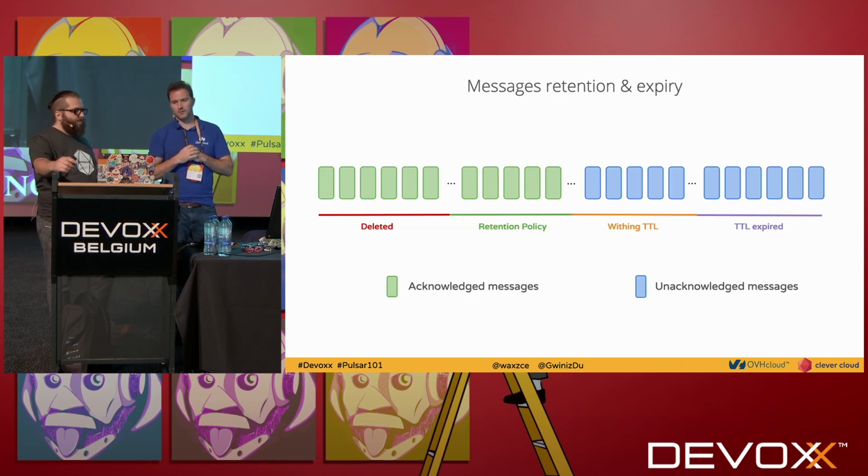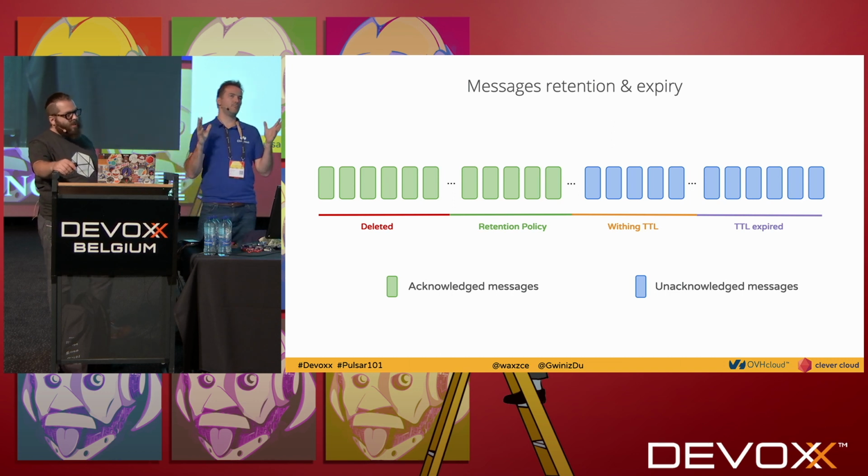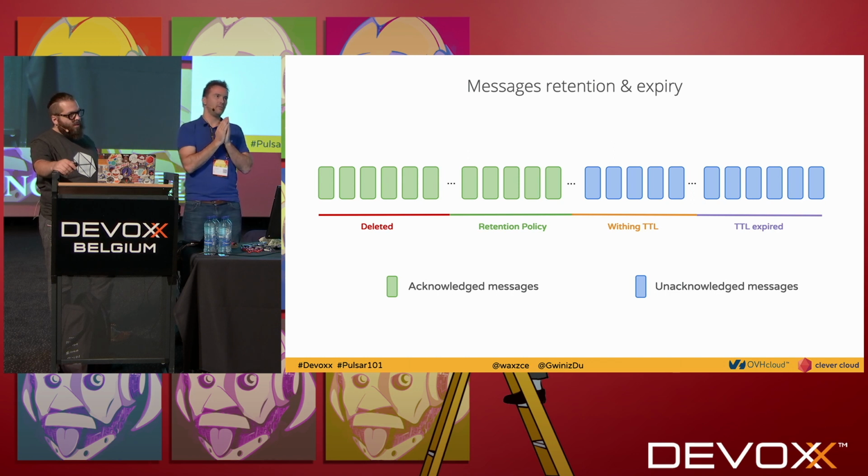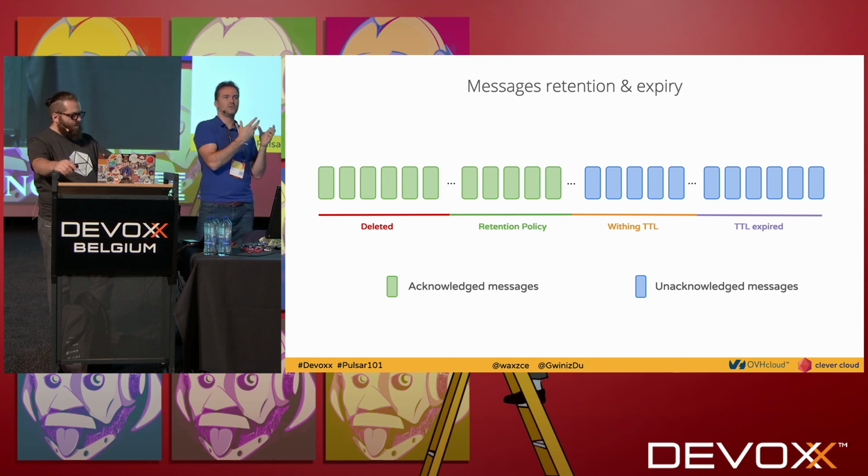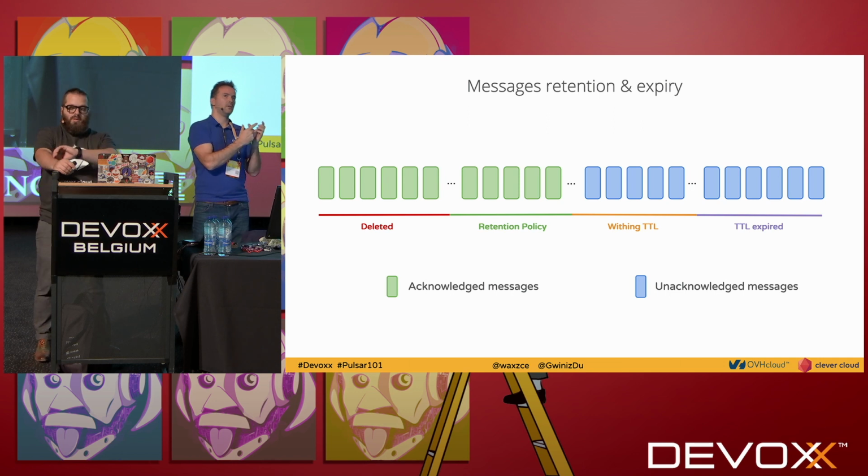So, message retention and policy. There are a lot of ways to manage your retention. First, there is a difference between messages that have been acknowledged or not. If a message has been acknowledged, there is a retention policy. For example, you say, I want to keep my messages for one month, and after that they will be deleted.